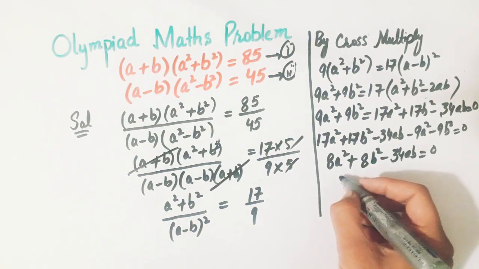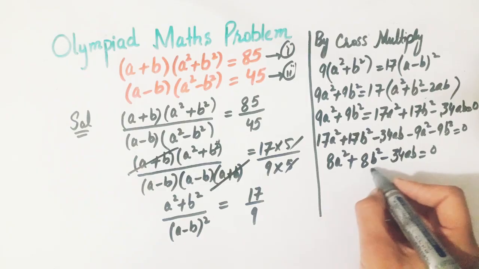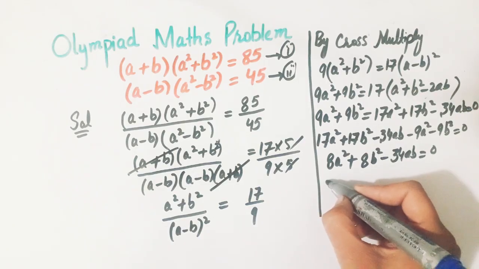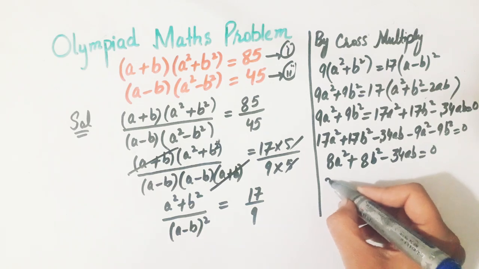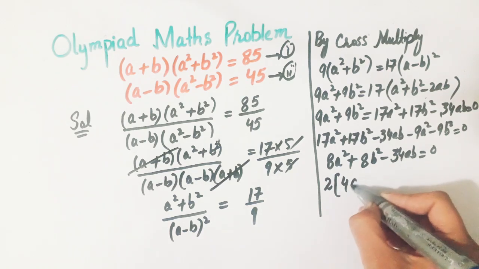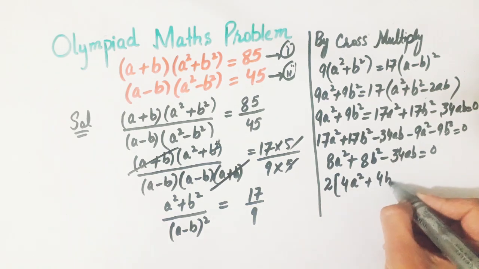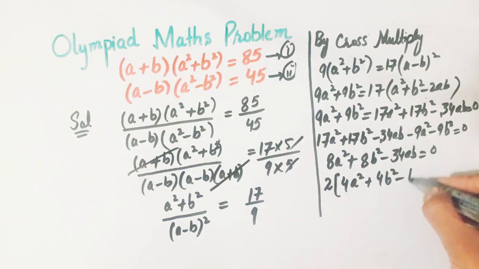Now in the next step we can take 2 as common from this. So we get 4a square plus 4b square minus 17ab equals 0, because 34 divided by 2 gives 17.